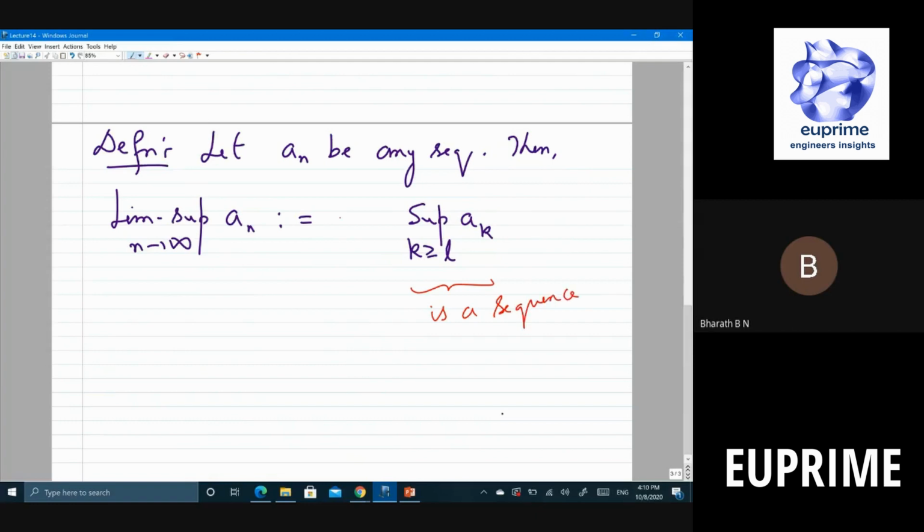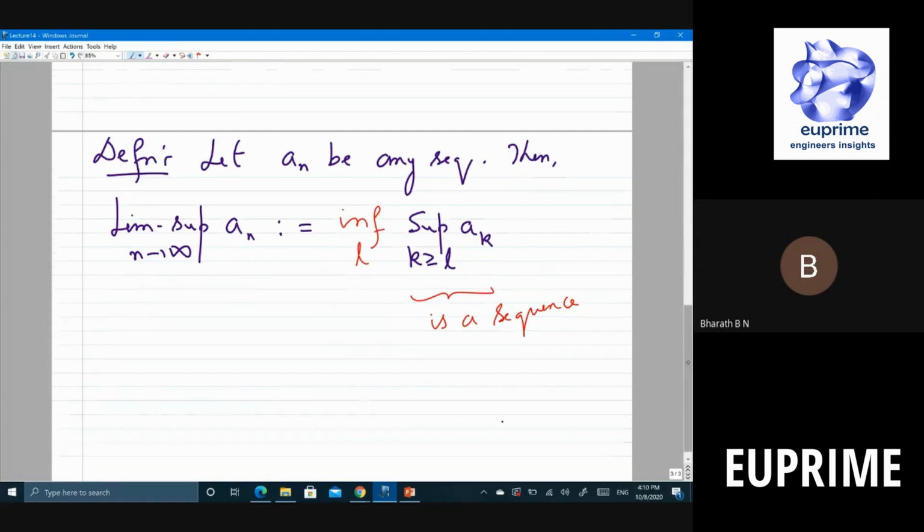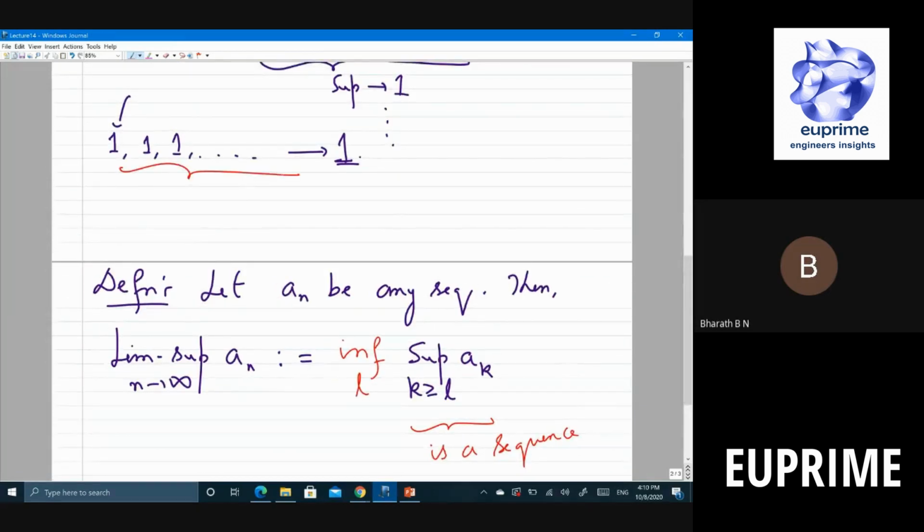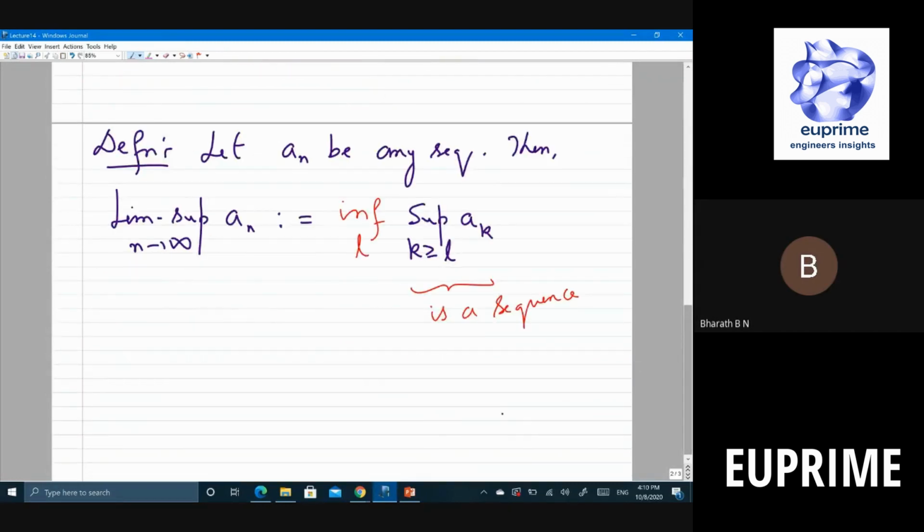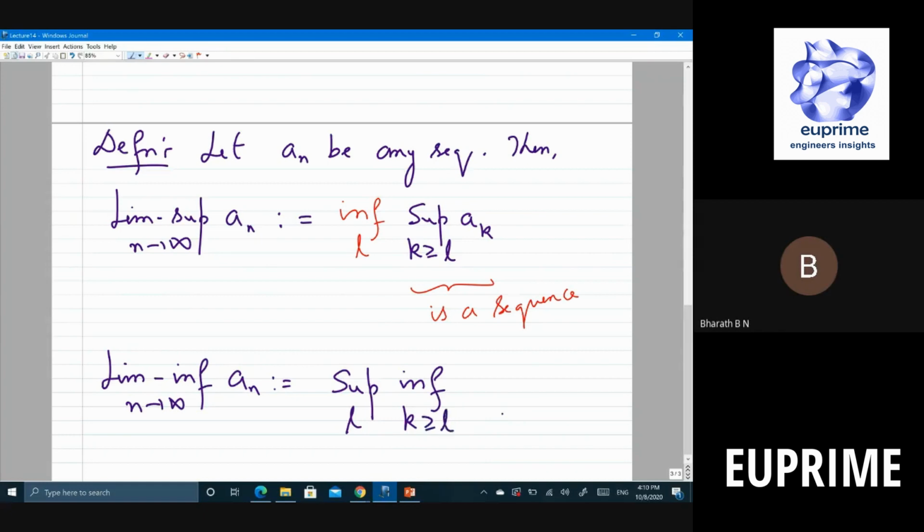Now I'll take the infimum over all these L. For example, in this case, if you get 1, 1, 1, 1, the infimum of that is 1, right? That's how I define it. Or I can take the limit also, it doesn't matter. And similarly, lim inf as n tends to infinity of a_n is defined as the supremum over all L of the infimum over all k greater than or equal to L of a_k.